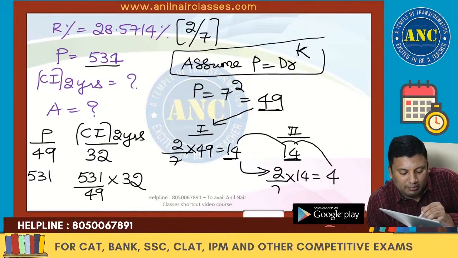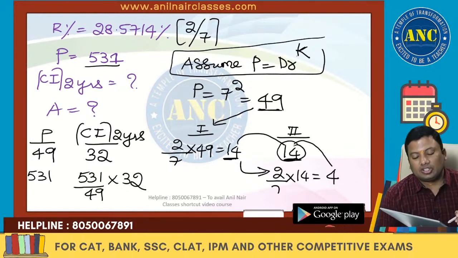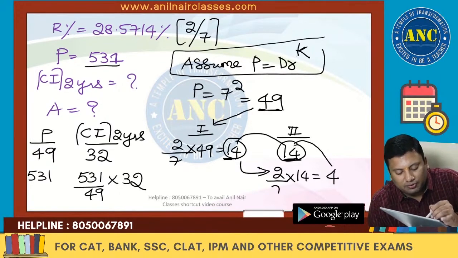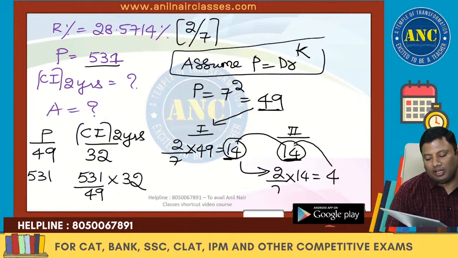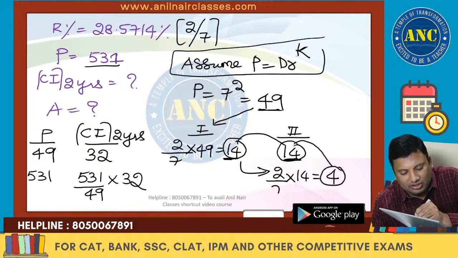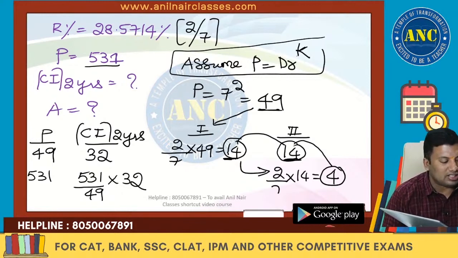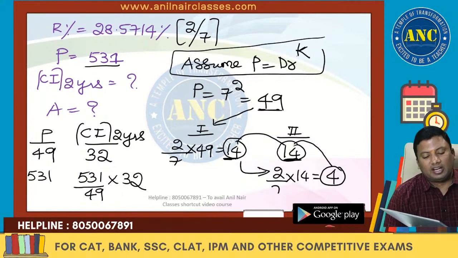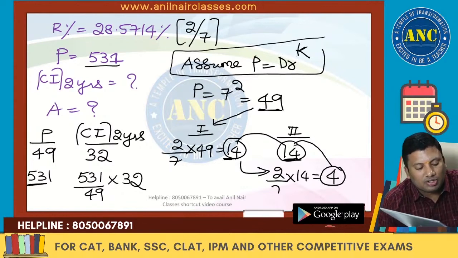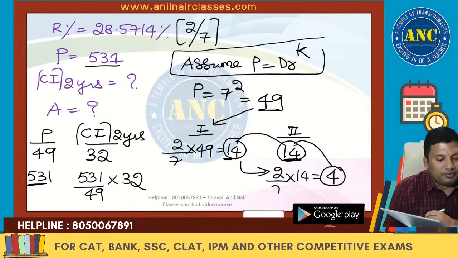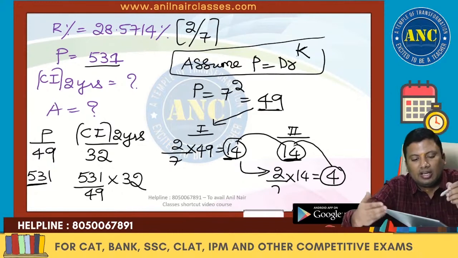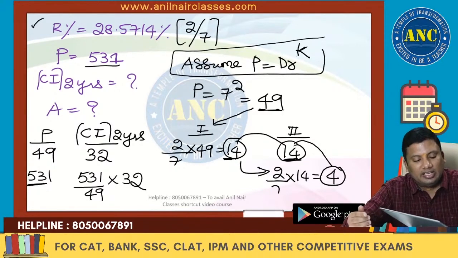CI is nothing but SI plus interest on interest. Interest is 2 by 7 of 14, which is 4. Total CI for 2 years is 32 when the principal is 49. But according to the question it is 531. So 531 by 49 into 32. You got the answer. I hope the approach is clear.